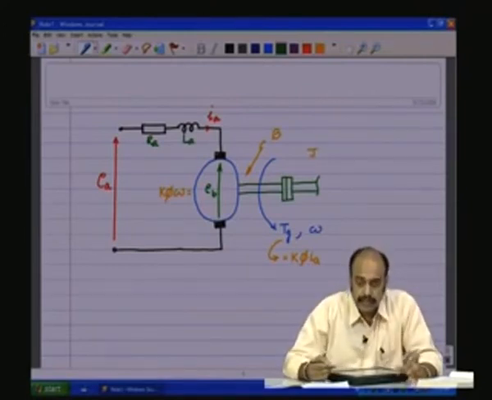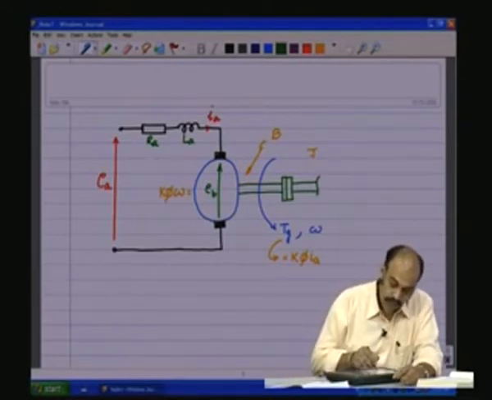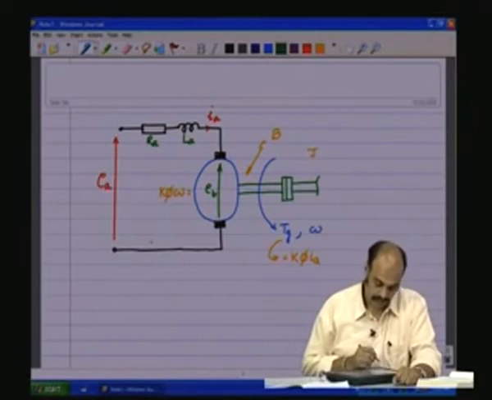Now, we can apply Kirchhoff's voltage law to the electrical domain here.